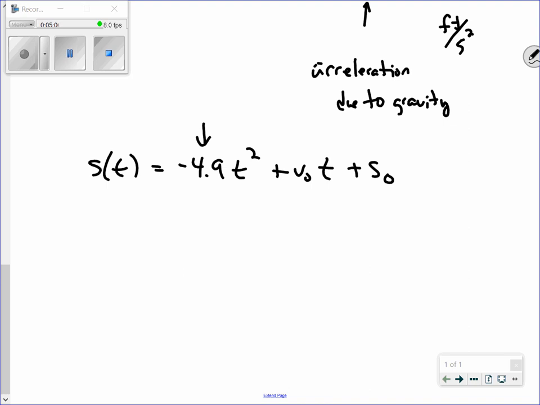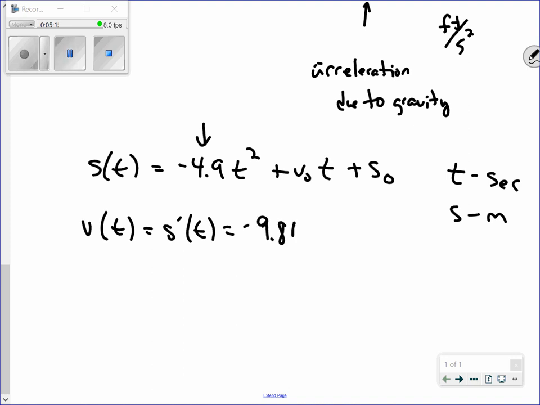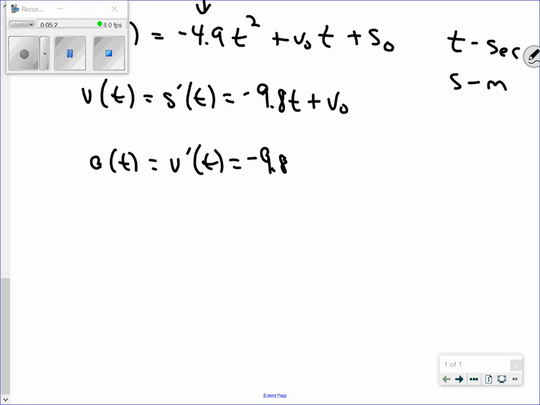Time is still in seconds, but this time position is in meters. Once again, instantaneous velocity is the derivative of position, and that gives us negative 9.8t plus initial velocity. Acceleration is the derivative of velocity, and that gives us negative 9.8, or 9.80, which is what you probably use in physics.